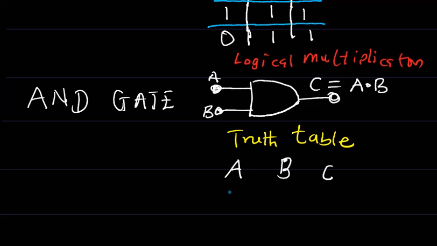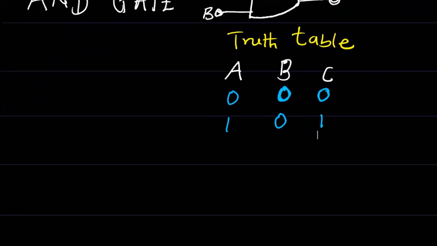Let's start with when A is 0 and B is 0. 0 dot 0, or 0 times 0, will give us 0. Anything you multiply by 0 is always 0. Take note. Even if one of the inputs is 1 and the other is 0, 0 times 1 ends up giving us 0.